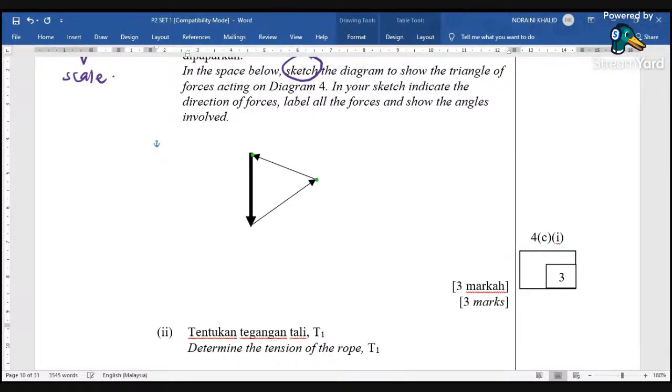Okay, now we need to label. So this is W, this is T2, and this one is T1.